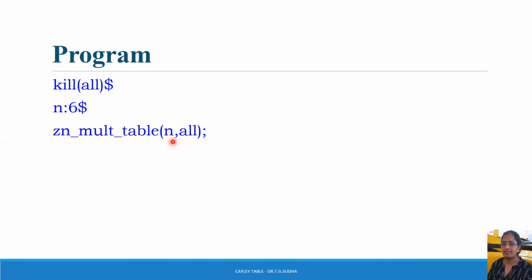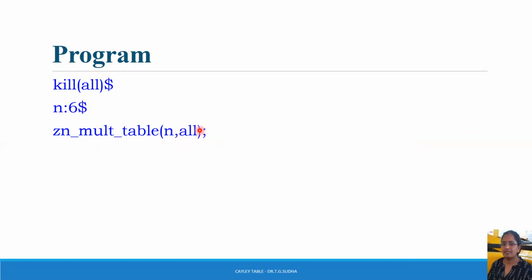Within the bracket, we write n comma all. When you give this command, the table shows the multiplication table of elements in Zn star, that is all non-zero elements in Zn. It will not take the zero element; it will take only the non-zero elements.